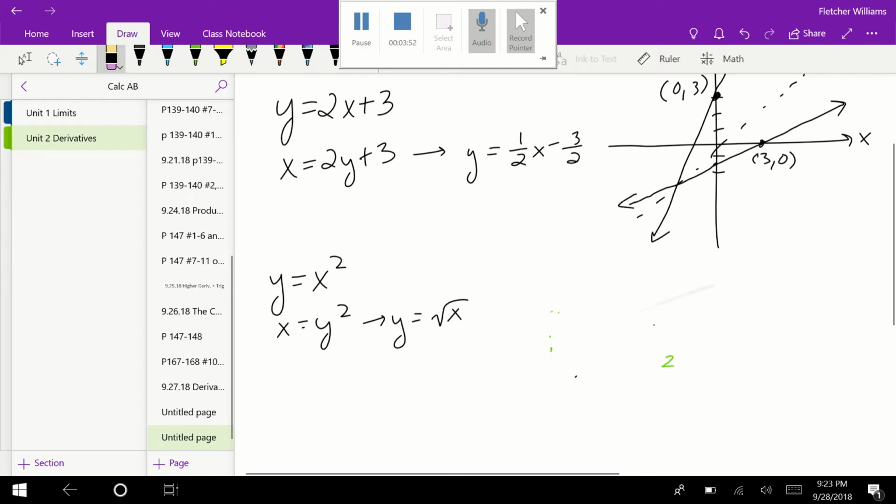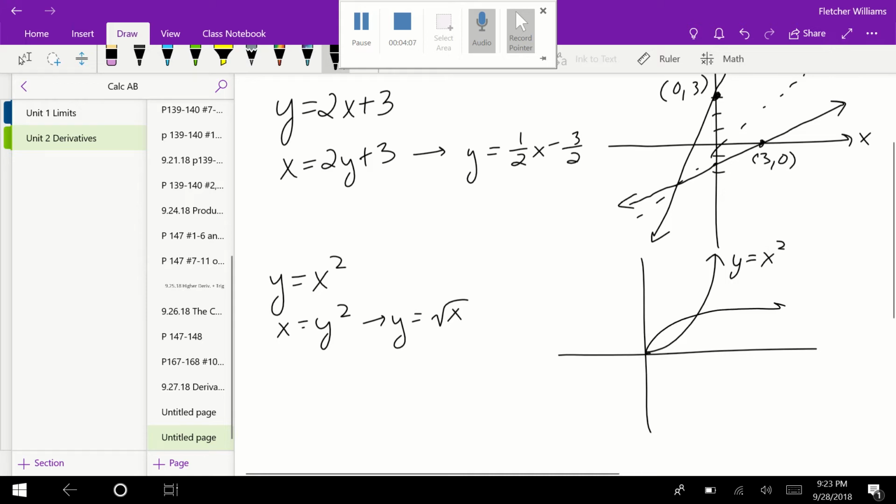For this one, you can only take the positive x. So you would take this part of y equals x squared, and the square root of x would be like this. You wouldn't take the negative square root of x. And notice how those are symmetric about the line y equals x.